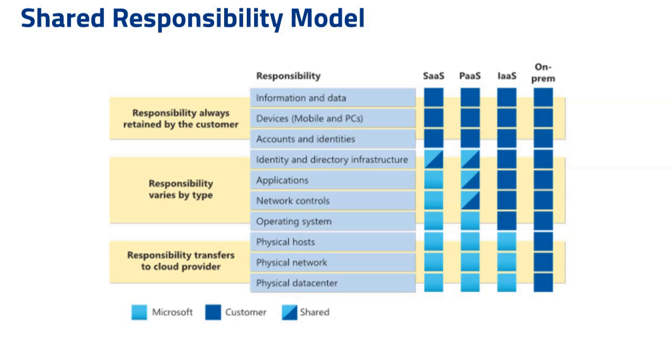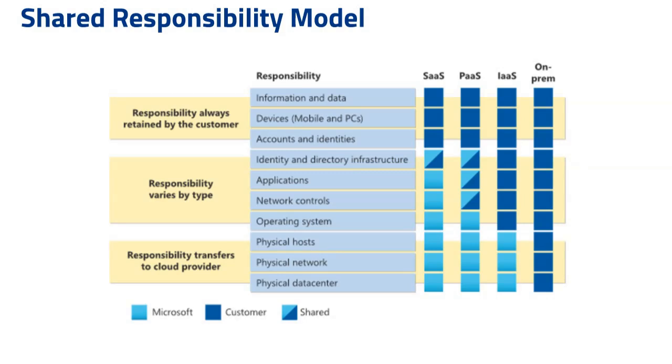At the same time, the consumer is responsible for the data and the information stored in the cloud. The consumer is also responsible for the access security, meaning that you only give access to those who need it. Then, for some things, the responsibility depends on the situation.